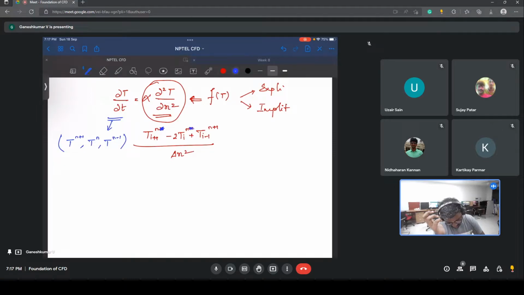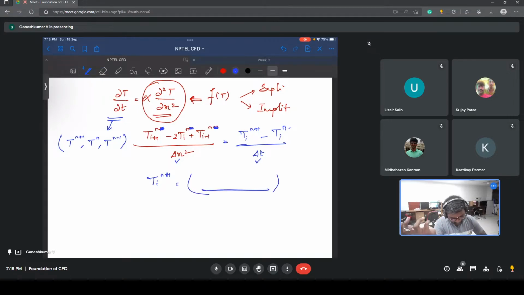If it's explicit these things won't be there, and this is equal to T at n plus 1 minus T at n divided by delta t. Delta t you will choose, delta x you will choose, at the n time step you know the values, only one is at n plus 1. So you can always write T i at n plus 1 as something which is a known value. So you directly get T i at n plus 1.